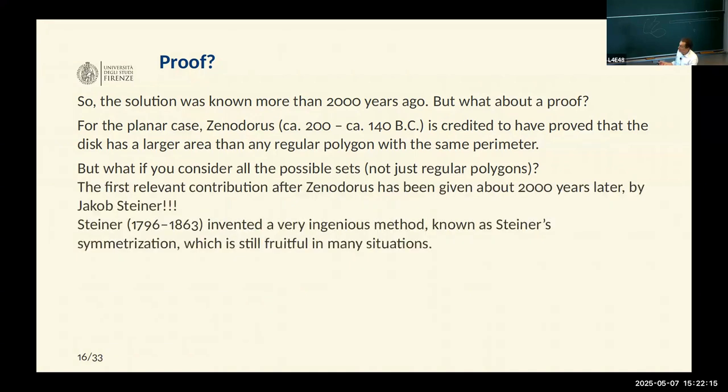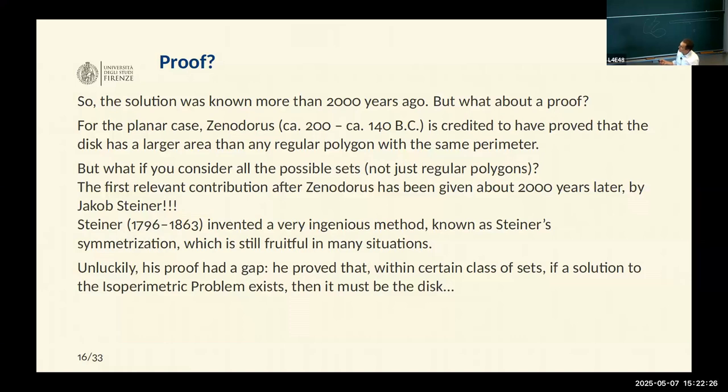But if you consider all possible sets, not just regular polygons, then it took a long time before Steiner gave the first important contribution around the beginning of the 19th century, which was made by Steiner symmetrization, which is something which is still very useful.